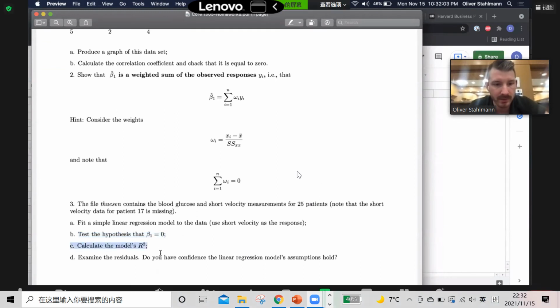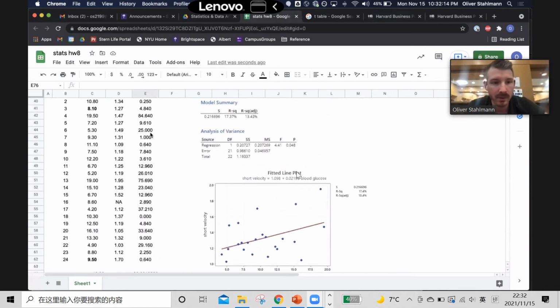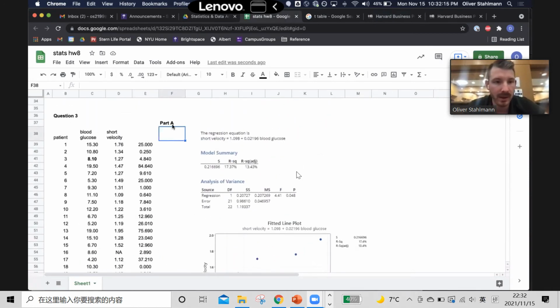We did R squared. What are the residuals? This is the deltas, right, between x and x bar? So if I wanted to calculate residuals, there is actually an option when you do the regression analysis in Minitab.